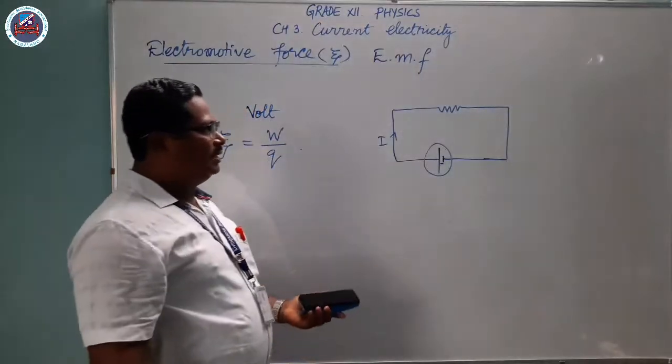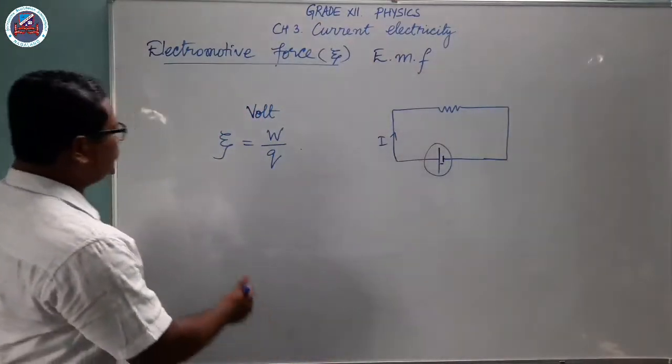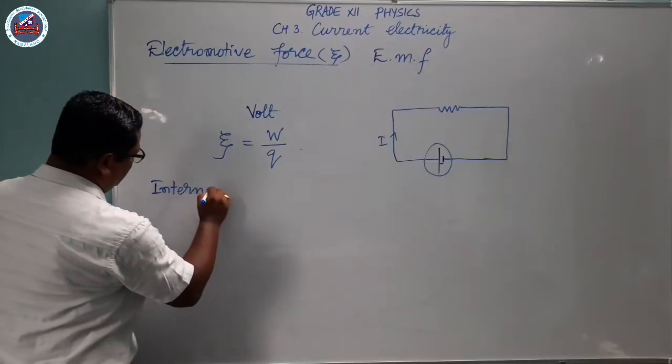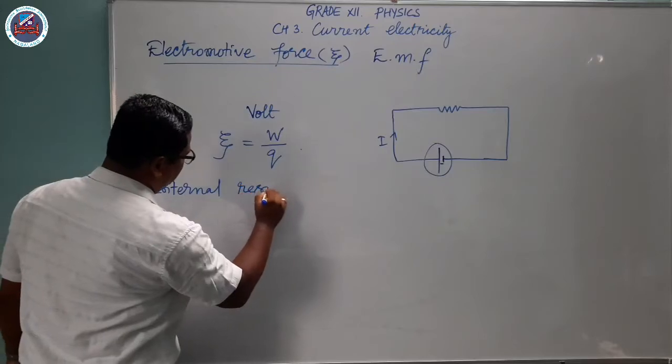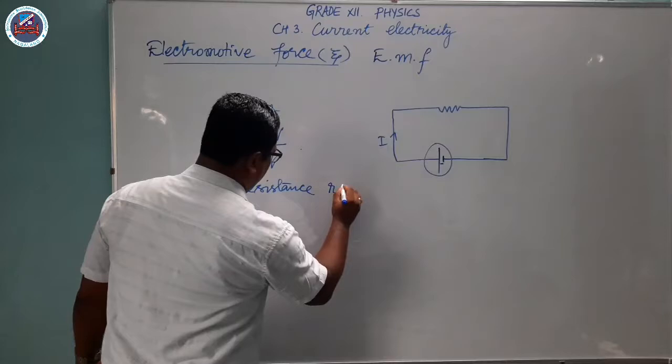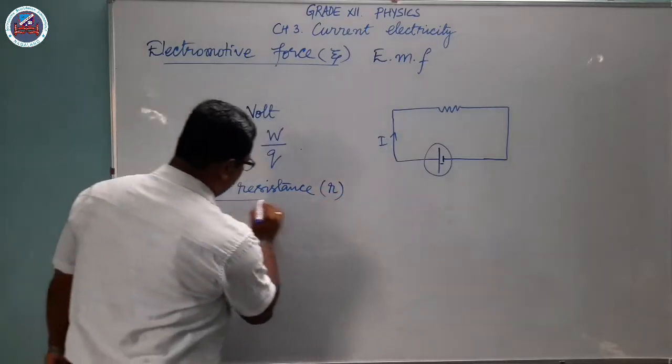Now the second term that we are going to learn is internal resistance of the cell. We write it as small r.